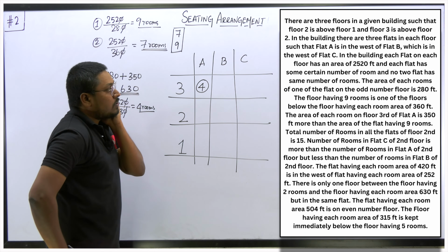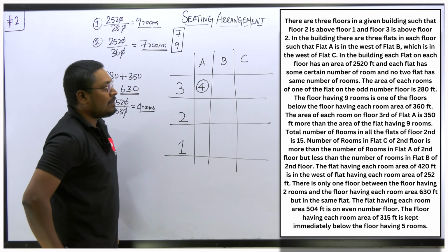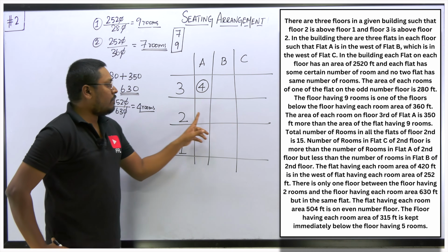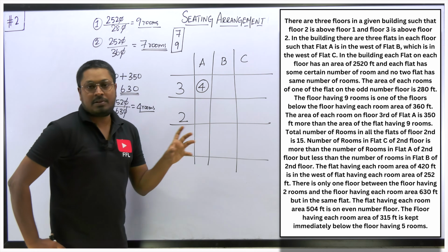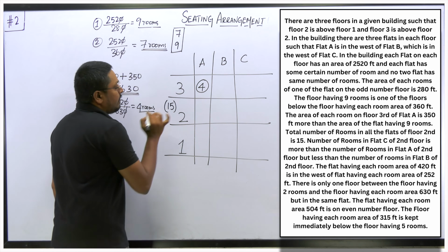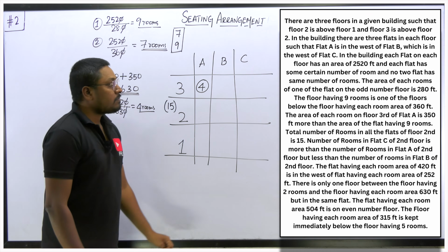So the total number of rooms in all the flats of floor 2 is 15. So on floor 2, when you add all 3 flats' rooms, what they have given is 15. So 15 rooms will be the total of the second floor, all the flats.